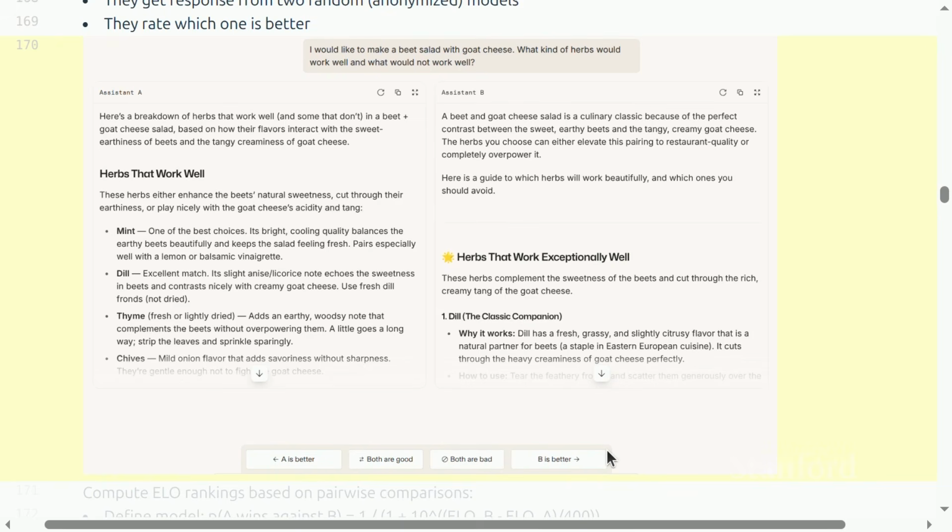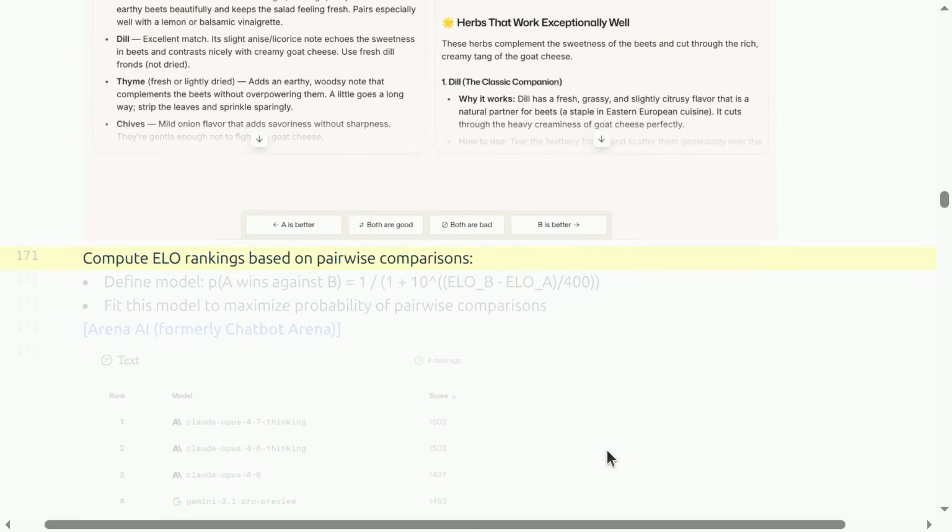Using this process, you can get a bunch of pairwise comparison data of model A versus model B, which one is better. Then you can use this to compute Elo rankings.